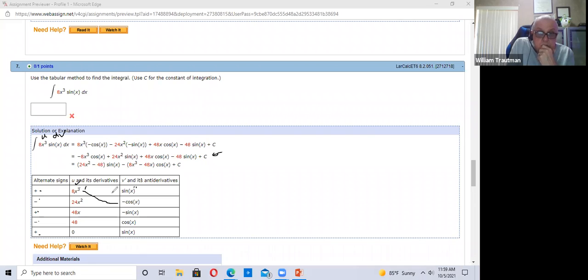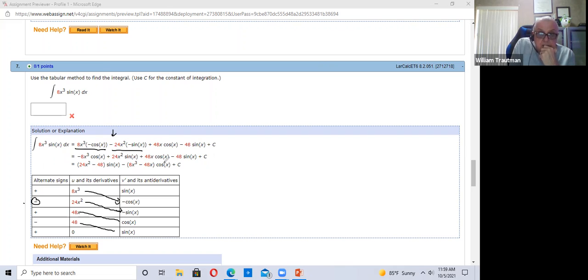And then you're just going, if I could be a little neater, this is the first part of the answer. This is the second part of the answer. Do you see with a minus in front? This is the third part of the answer with the plus in front.